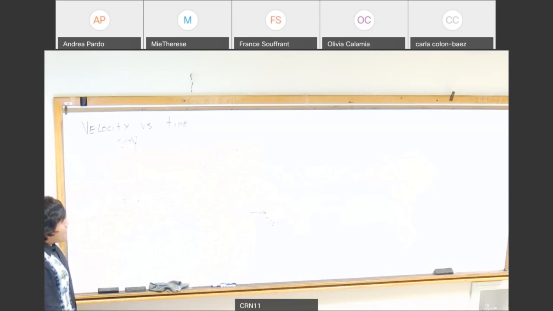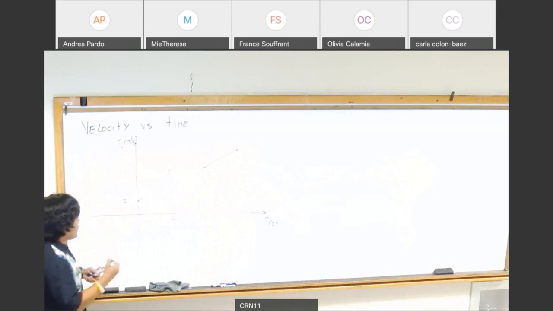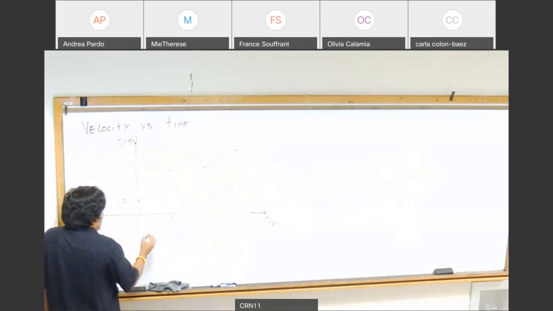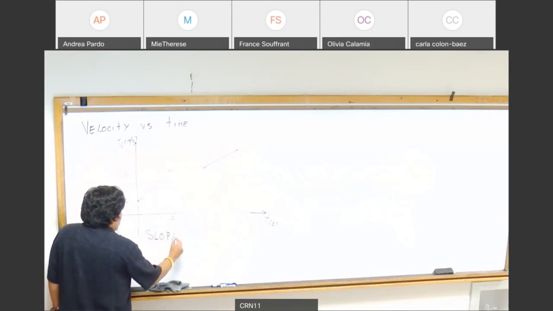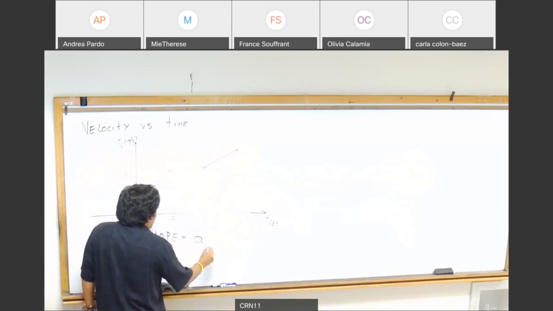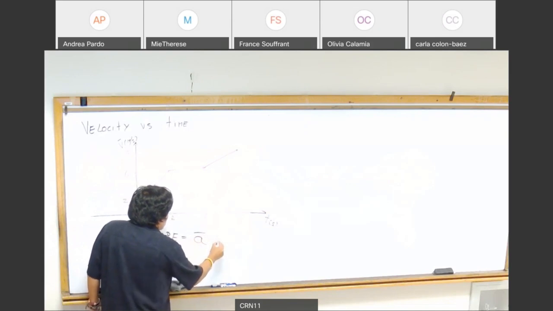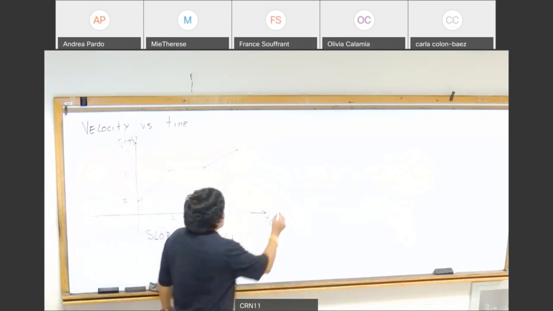So what information can we get in a velocity versus time graph? In the velocity versus time graph, you can get the acceleration. The slope is the acceleration, which is measured in meters per second squared. What was the definition of acceleration though?